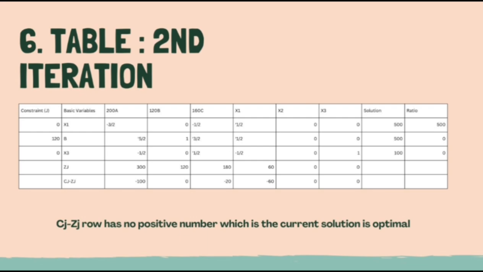So the optimal investment is stock, which is A, equal to 500, bonds, which is B, equal to 500, and mutual fund, which we know as C, equal to 100. So the maximum expected weekly return is Z equal to 200 times 500 plus 120 times 500 plus 160 times 100, which is equal to 180,000.